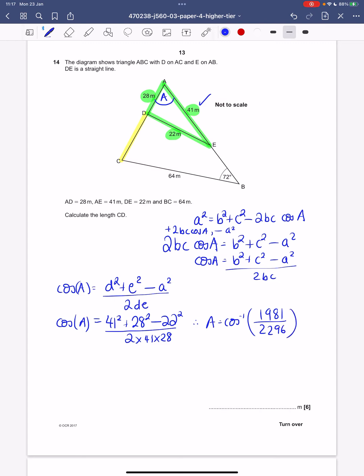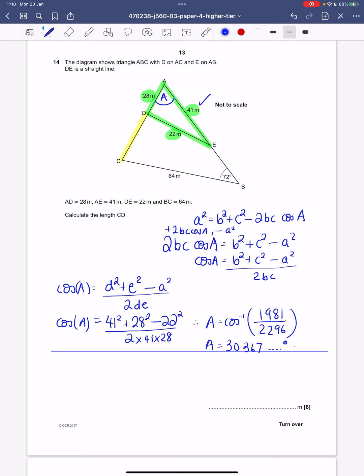Okay, so shift cos inverse 1981 divided by 2296, close brackets. So angle A is 30.367 degrees. So there's more of it. Okay. What do we need? The length of CD. So there, the cosine rule has got us the size of A.